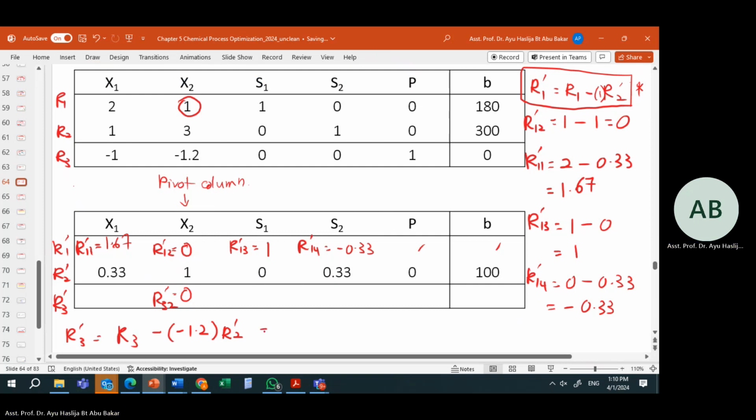R3. Okay, so we try negative 1.2 plus 1.2. So you get 0. Okay, so this is the factor equation for R prime 3.